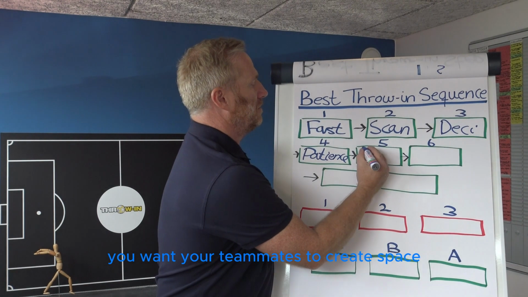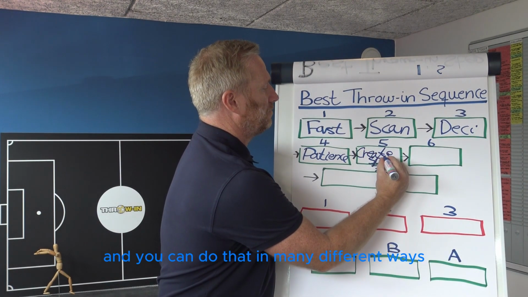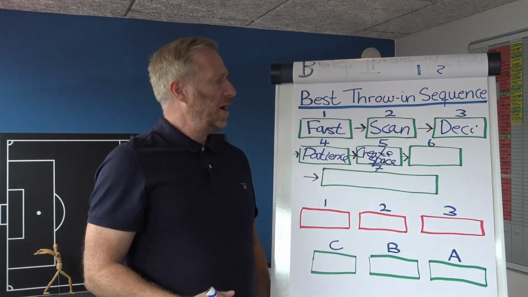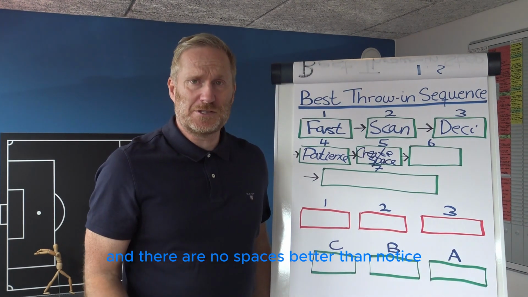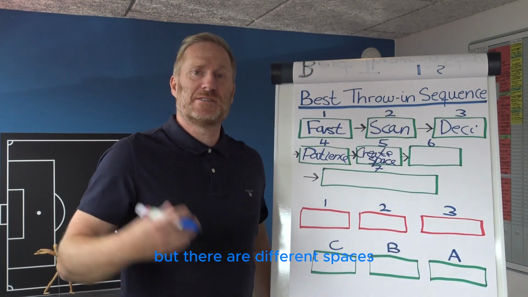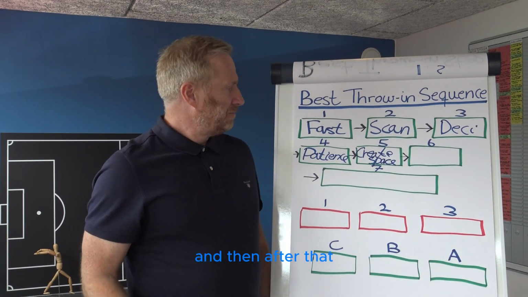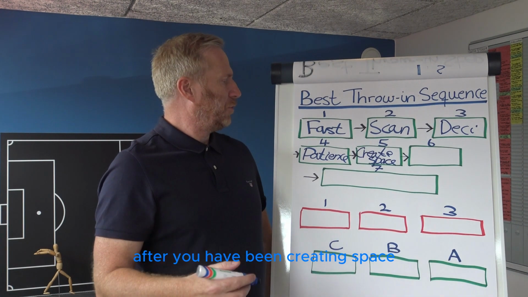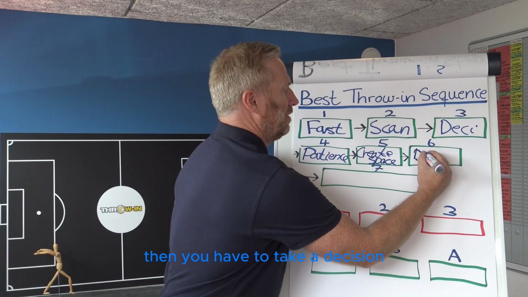You want your teammates to create space, and you can do that in many different ways, in many different parts of the zone. And there are no spaces better than others, but there are different spaces in different situations that can be good. And then after you have been creating space, then you have to take a decision.